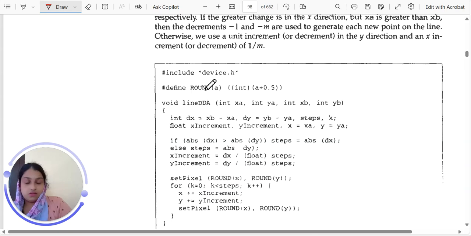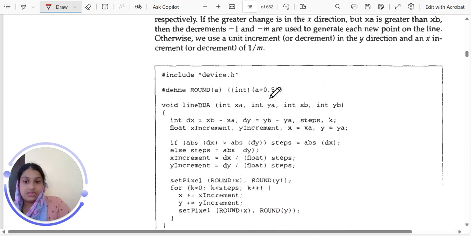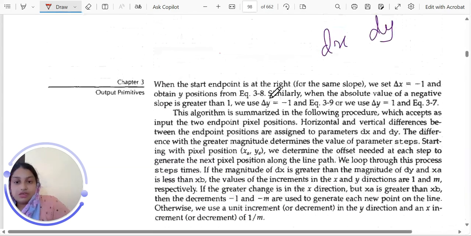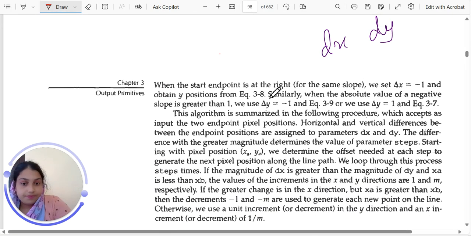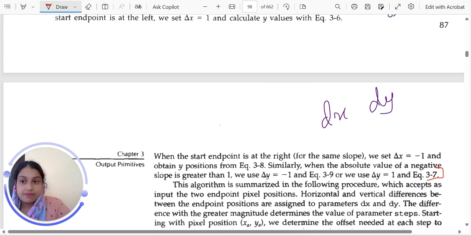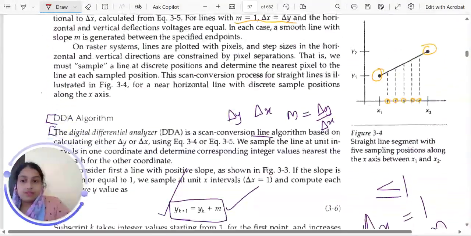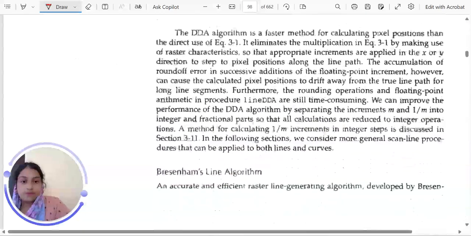This is the code in C. Now, you can write till here. Equations you have to substitute what you are writing. So from there till here you can write for the DDA algorithm.